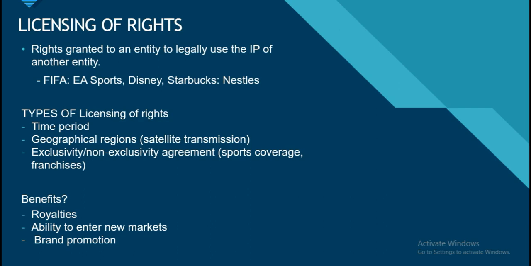So back to types of licensing right. We have time period, and this is where the license is for a specific period, or it may be for geographical regions. For instance, as I just mentioned, as with the cable televisions from those media houses, in a lot of situations the transmission is for particular regions.